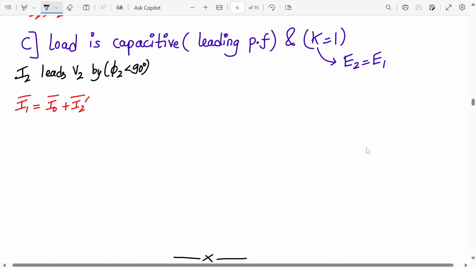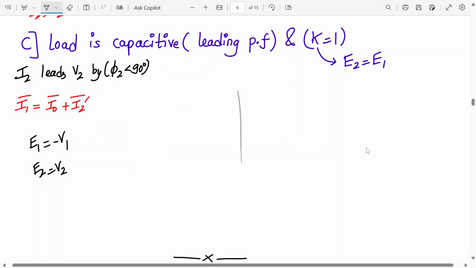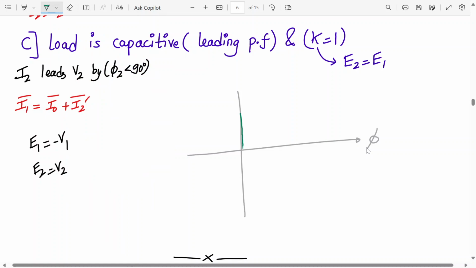Then what can we say? E1 is equal to E2 that we have seen. E1 is equal to minus V1 and E2 is equal to V2. We have done that. So can we start now? We will draw the reference phasor. This is phi. Now if I draw my V1 over here, where will E1 come?